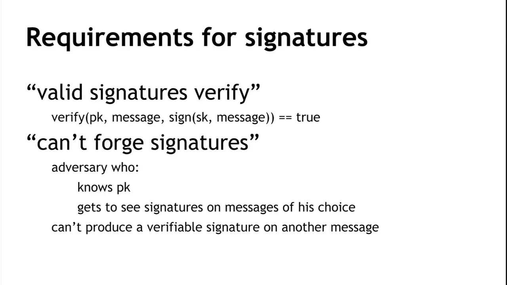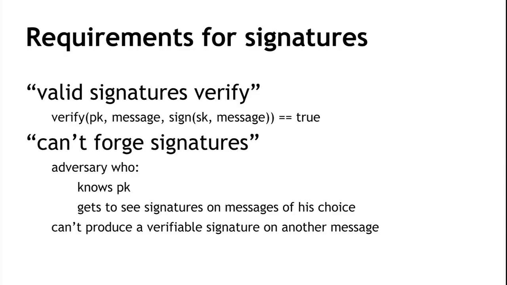The requirements for signatures at a slightly more technical level are the following two. First of all, valid signatures will verify. That is, if I sign a message with SK, my secret key, and someone later tries to validate it using my public key and the same message, it will validate correctly.